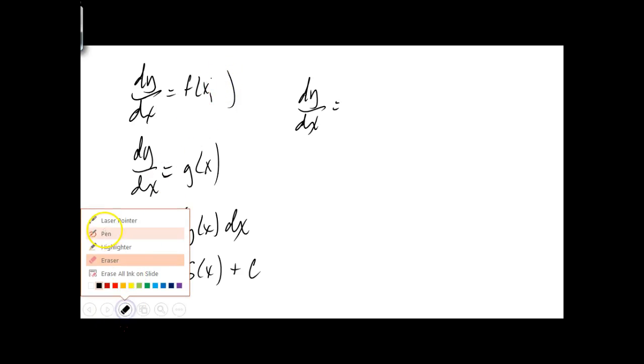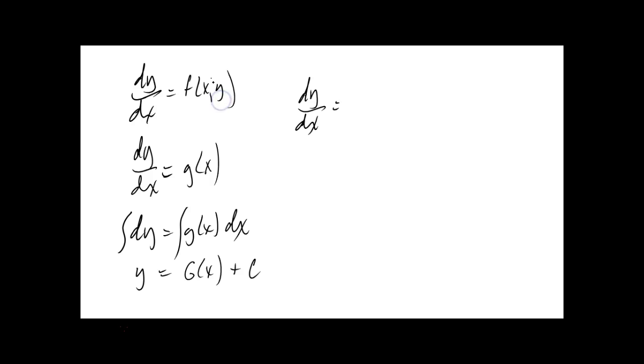If you can take this function of x and y, and separate it into some g of x and h of y, in other words, take that function and make it into a product where one factor only has the x dependence, the other only has y dependence, then this is what we call separable.